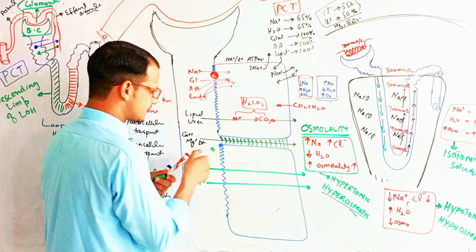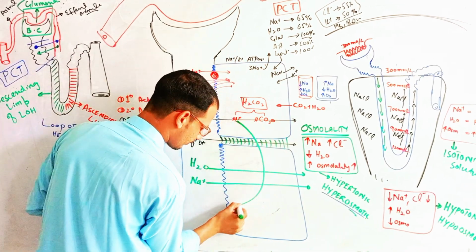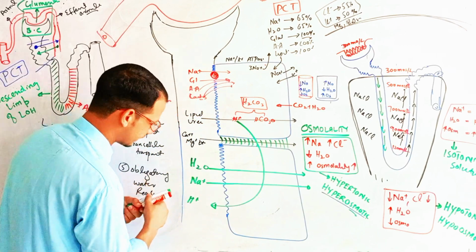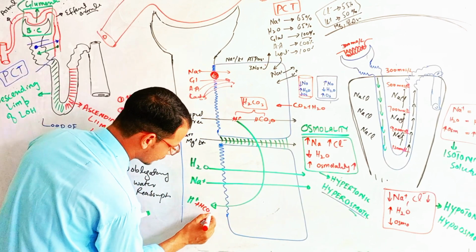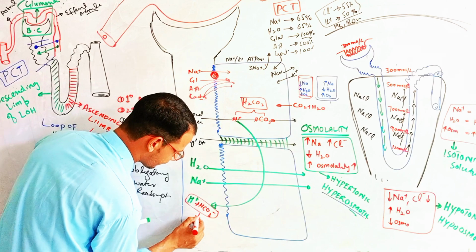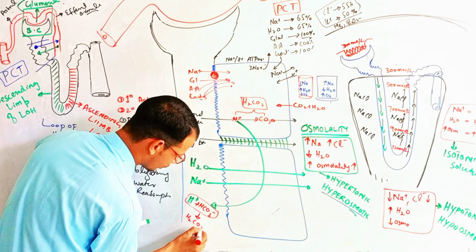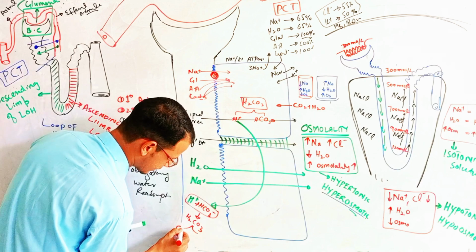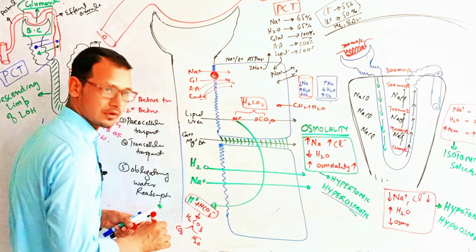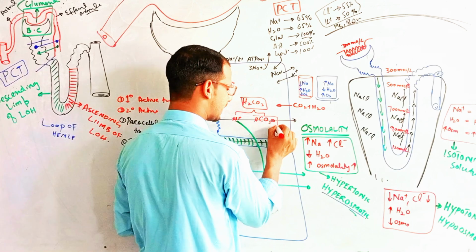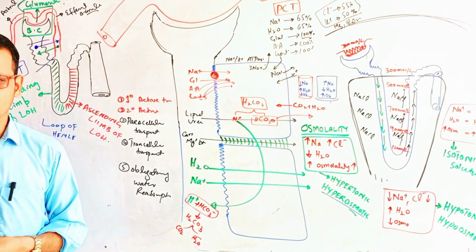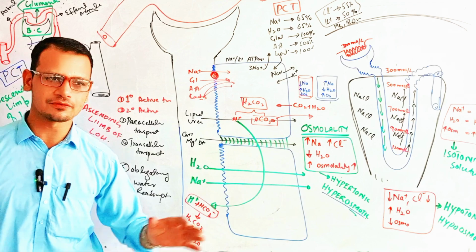Right here, this hydrogen ion reacts with HCO3 minus and forms H2CO3, and it breaks down into CO2 and H2O by carbonic anhydrase. Right? And this bicarbonate ion is reabsorbed into the blood for maintaining the pH of blood.